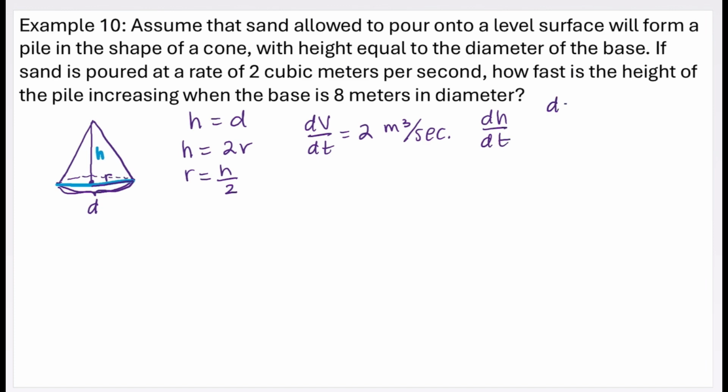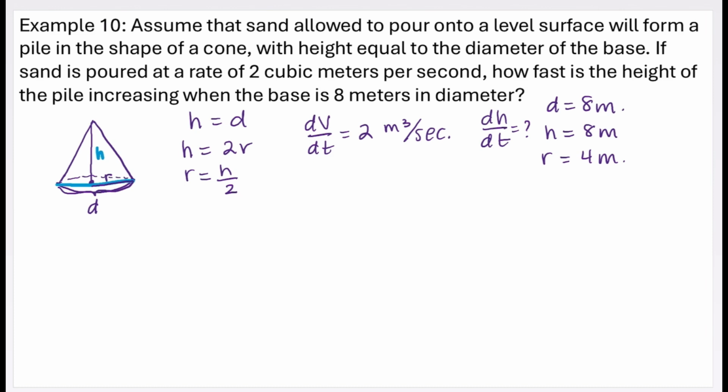So when the diameter is 8 meters, which also means the height is 8 meters, and it also means the radius is 4 meters. So lots of different things we can look at when we set up this formula. Since I'm looking for dh dt, that's what I don't know. I think I'm going to get the volume formula to be in terms of h.